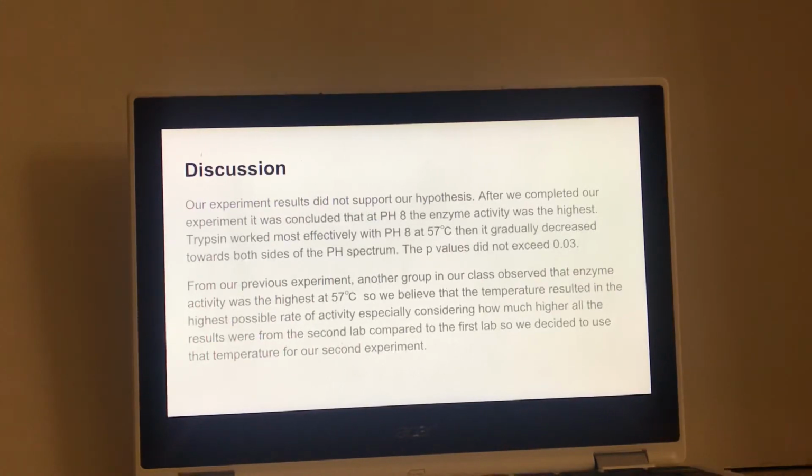We did have sources of variability. We had some human error. We did not add enough TCA, as we believed, to stop the reaction, and we also believed that when we dropped the centrifuge tube and had to redo it, it could have caused some variability.